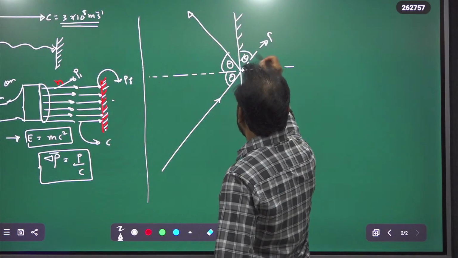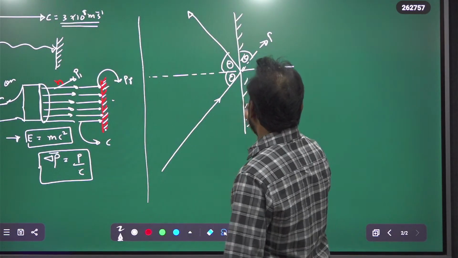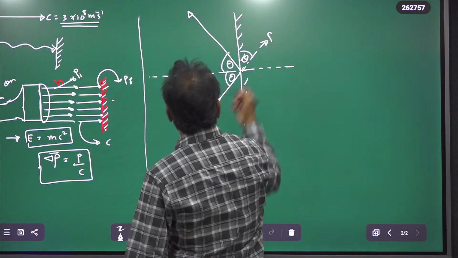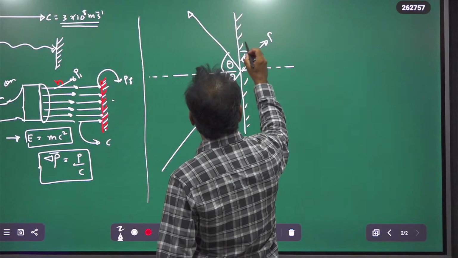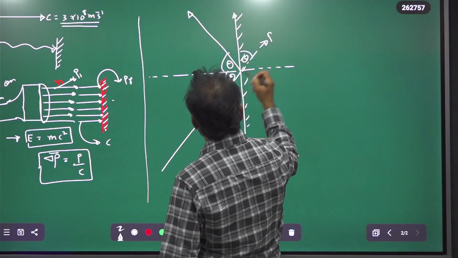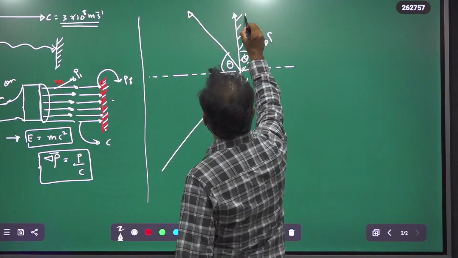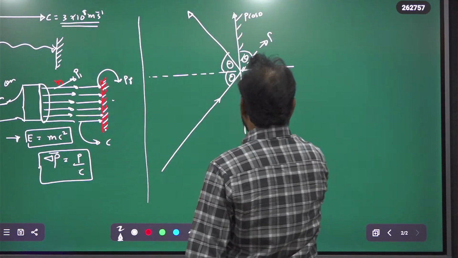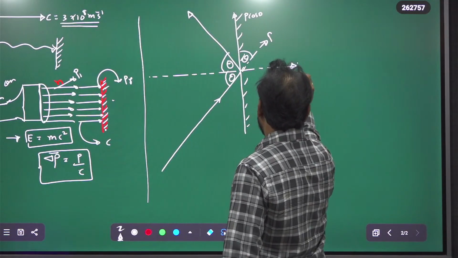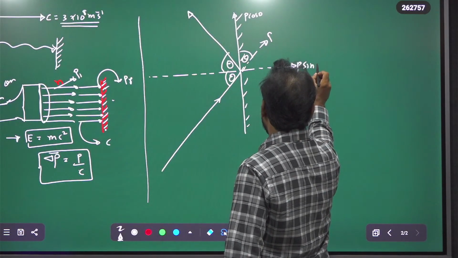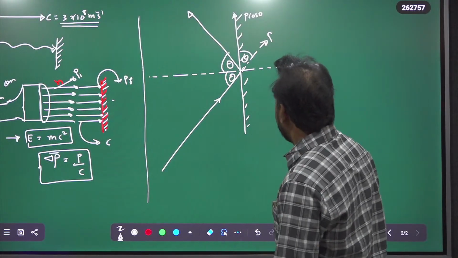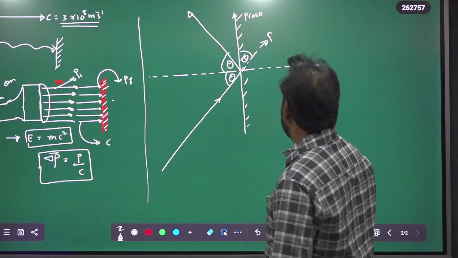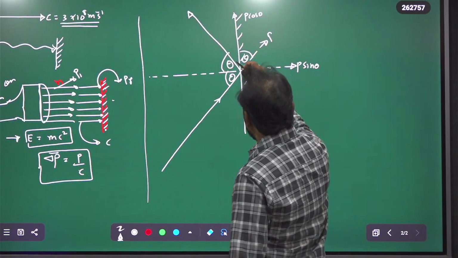P can be resolved into rectangular components. Along one direction it is P cos theta, and along the other direction it is P sin theta. It makes an angle with the horizontal, and it is also along this direction.